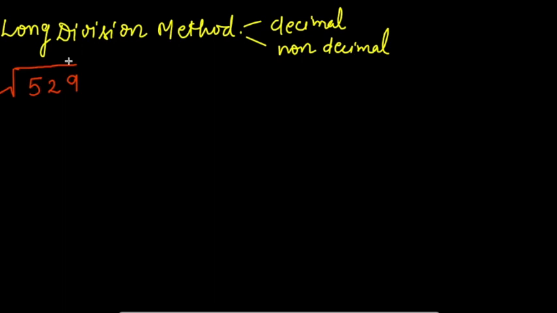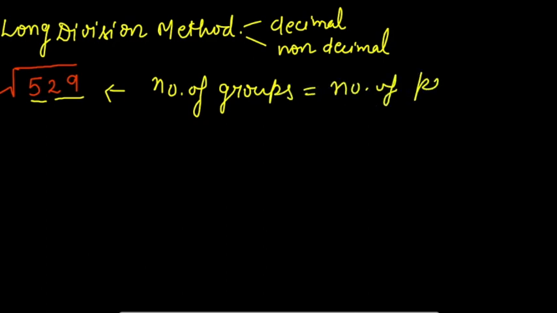So how do we do that? When we have to make use of the long division method, the first thing you will start is making groups from the right hand side. Group means group of 2 digits. So I have made the first group. Now this 5 is unpaired, so this is a single digit in the second group. Okay, so how many groups do I have? The number of groups, which is officially called the number of periods, is equal to 2.